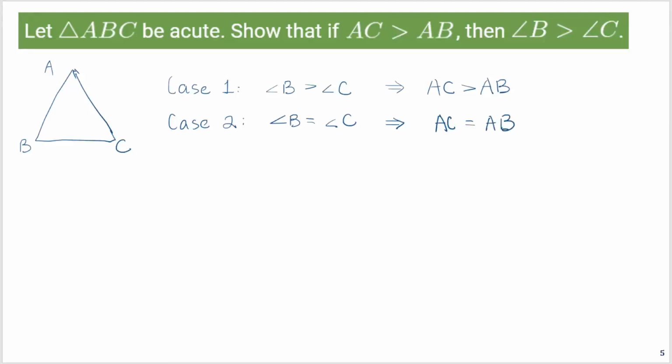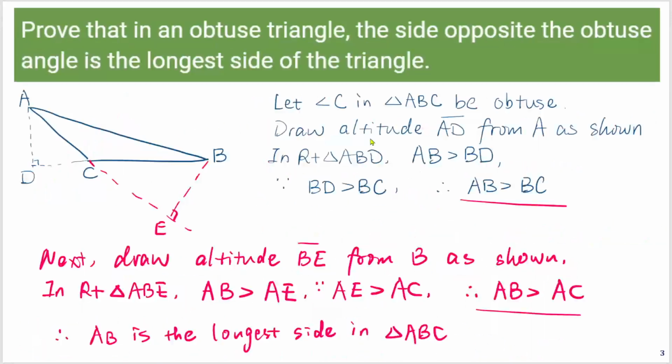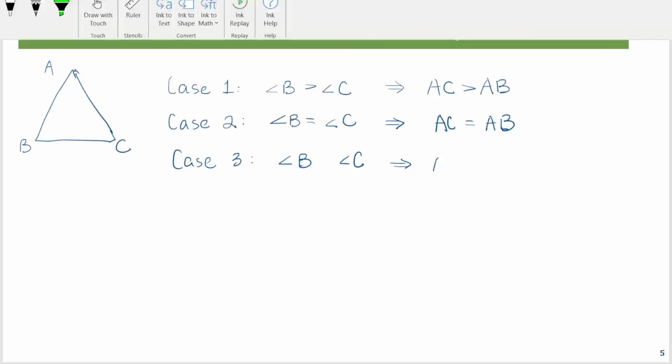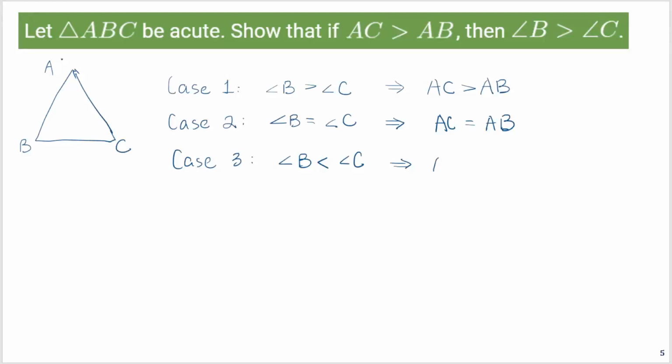And the third case, angle B could also be smaller than angle C. In that case, AC must be smaller than AB, right? Only one of the cases here is true.